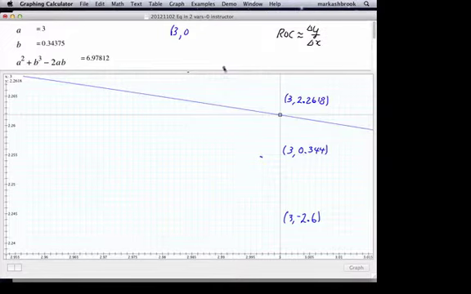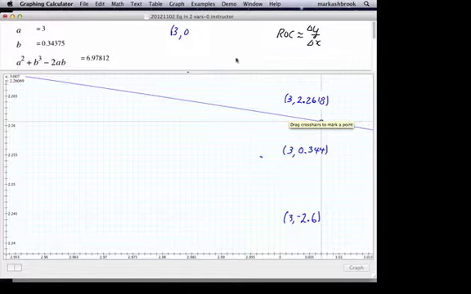Okay, and then at, there we go, 3.007, it's 2.26069.